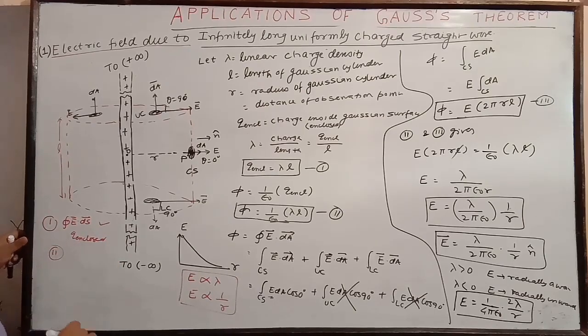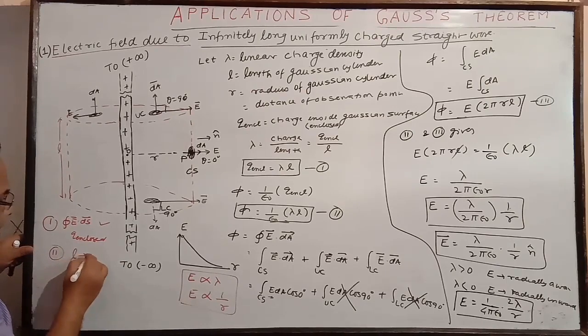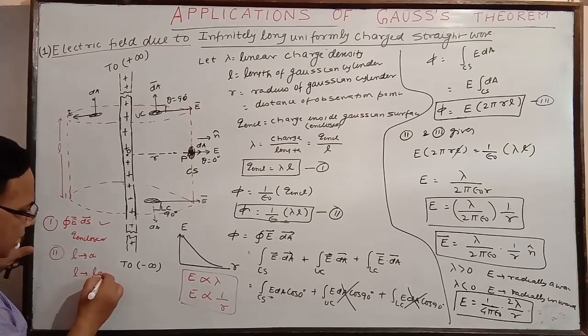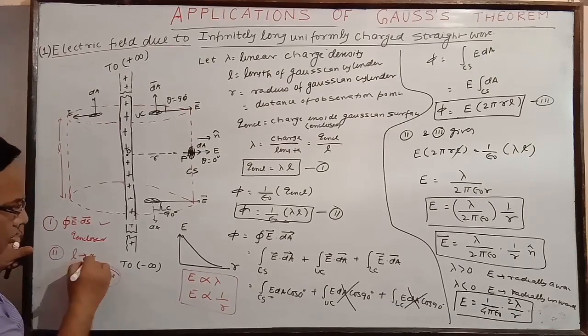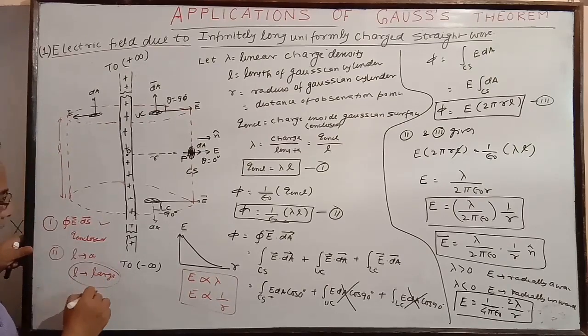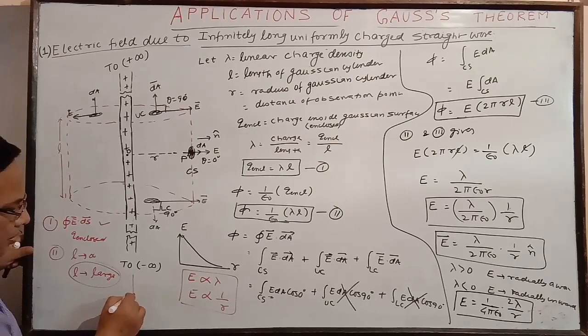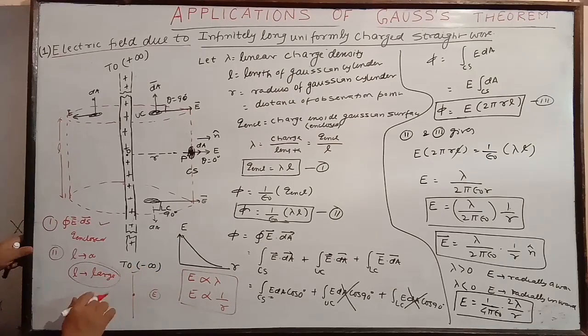Another important point is that L tending to infinity, an infinitely extended wire, is crucial. We cannot generate it, but L can be taken as very large. If we find the electric field at the midpoint of the length, and edge effects or end point effects are ignored, then this formula is almost correct even for a very long wire. So these two things must be considered all the time.